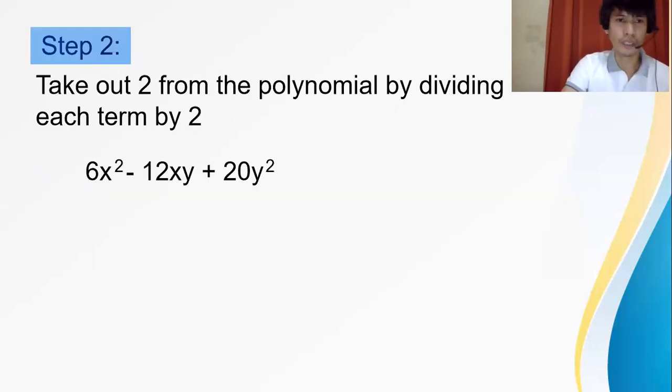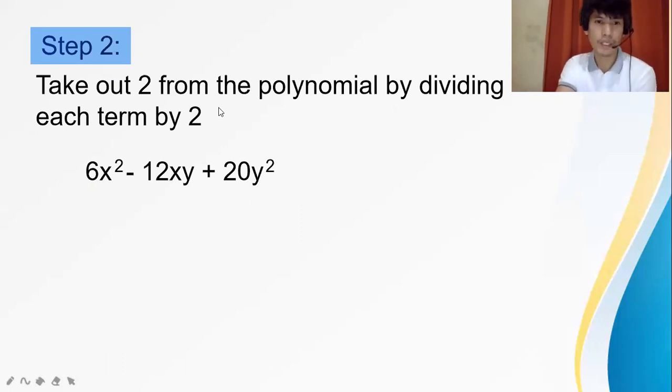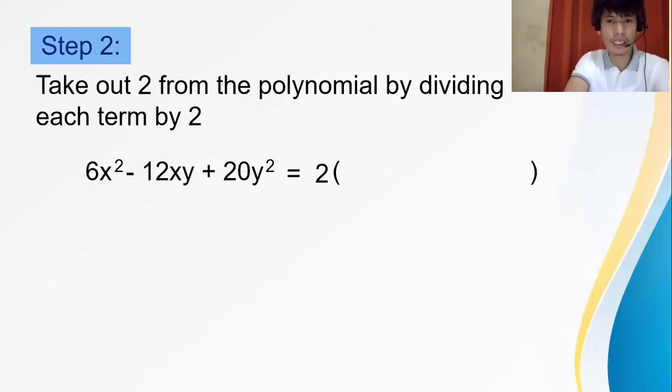Next, step 2, take out 2 from the polynomial by dividing each term by 2. So here is the 2, our given from earlier. Then we take the second factor: 6x squared divided by the greatest common factor 2. 6 divided by 2 is 3x to the second power.